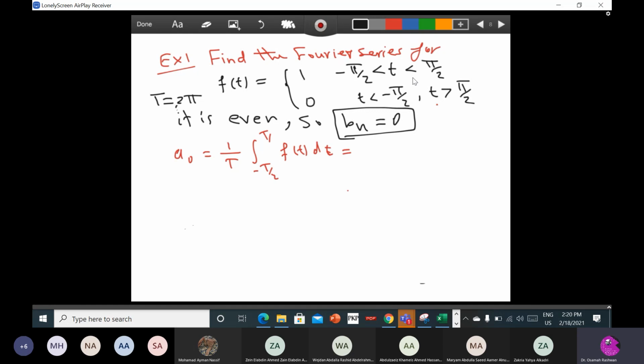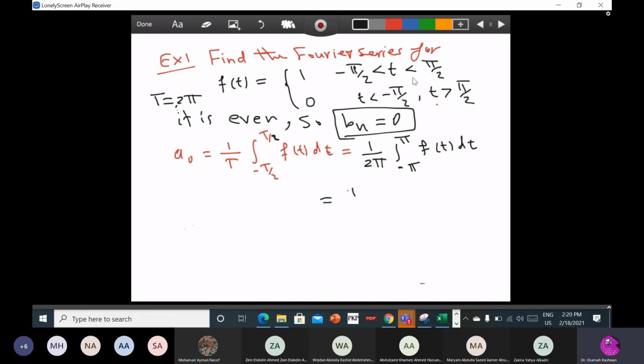So half of this will be 1 over 2 pi, integrating from minus pi to pi for f of t dt. But my function has no values unless t is between minus pi over 2 and pi over 2, right?